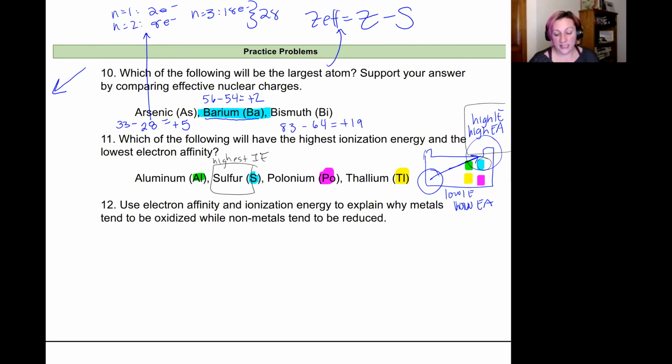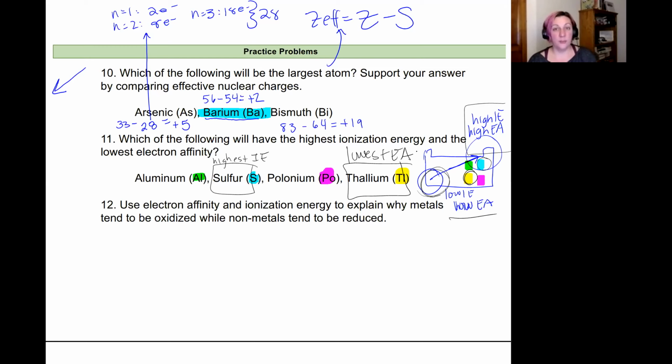So then thinking about our lowest electron affinity, a low electron affinity is going to correspond to the bottom left-hand corner. So I'm going to take this bottom left-hand corner one, which is our thallium. And so this will have our lowest electron affinity. So it's the least likely to release energy by gaining an electron.